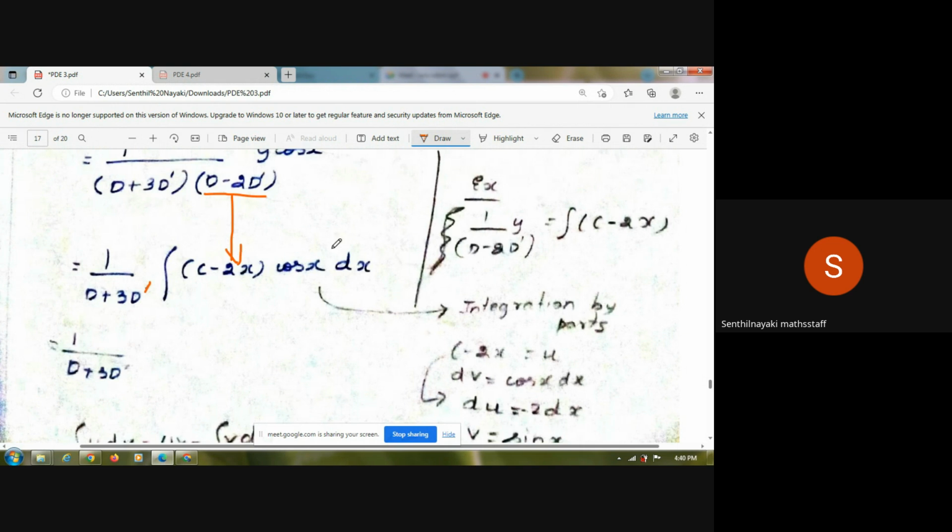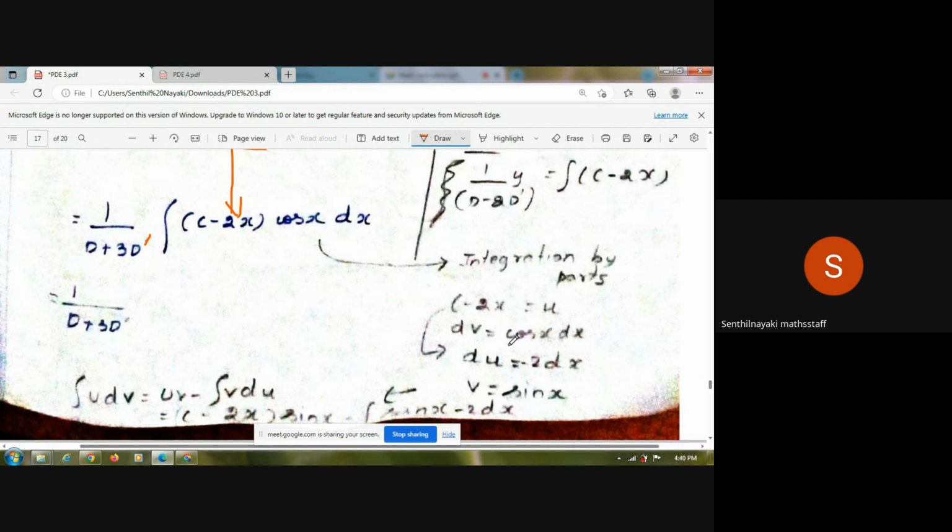So first term: c minus 2x can be taken as u and dv equal to cos x dx. So by integration by parts, du equal to minus 2 dx, because after differentiating c, it becomes 0, and after differentiating 2x we get minus 2 dx.